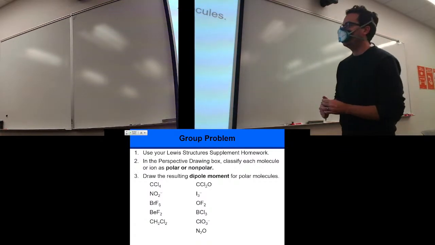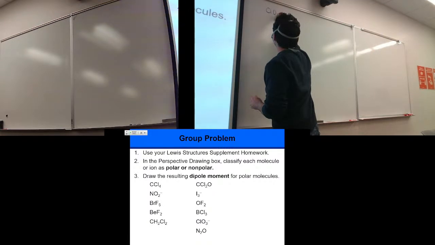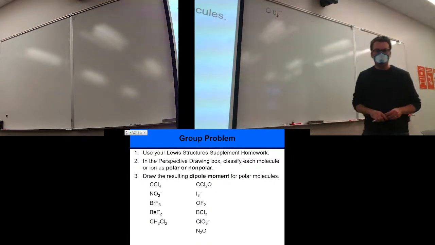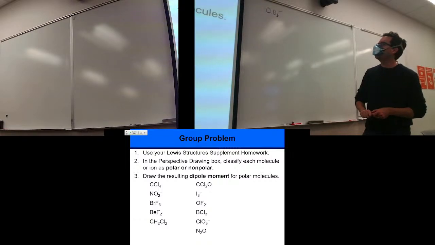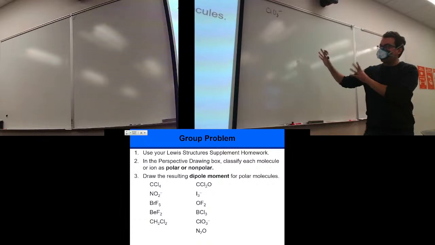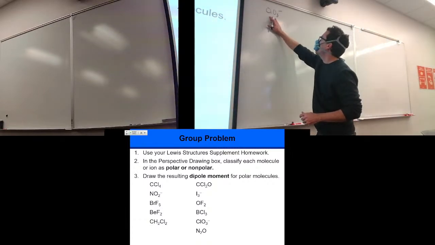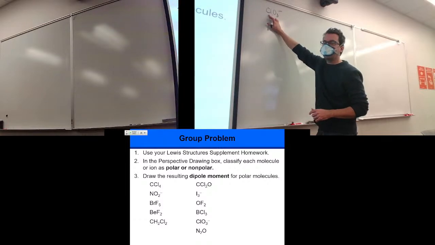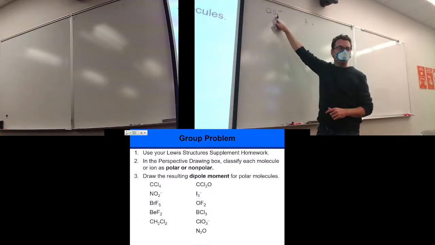So ClO3 minus. This is called chlorate. You don't have to know that, but let's do the Lewis structure for this thing. And there's a lot to this one. This one can be complicated. So let's start with the electron count. 7 electrons for chlorine, 6 electrons for the oxygens.